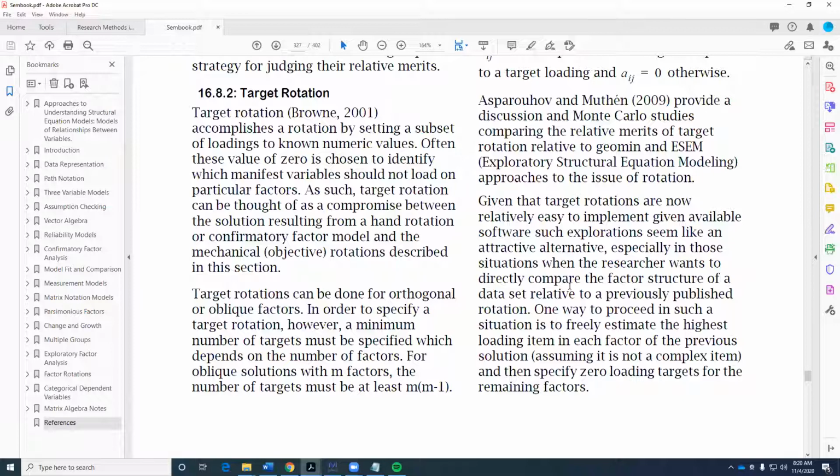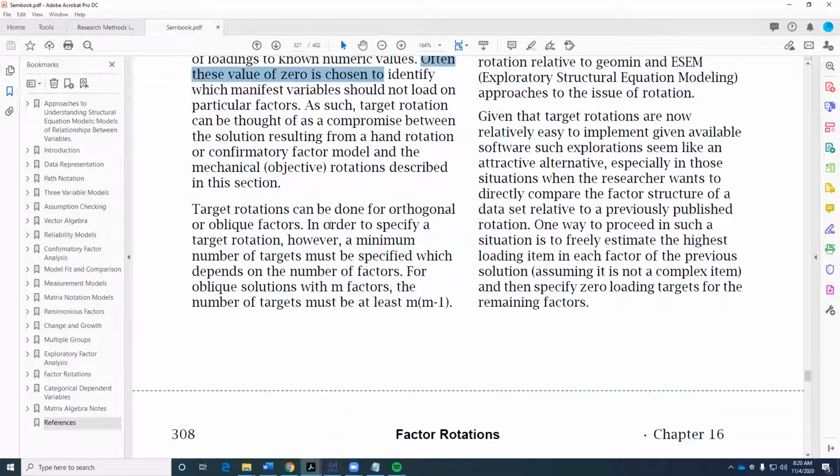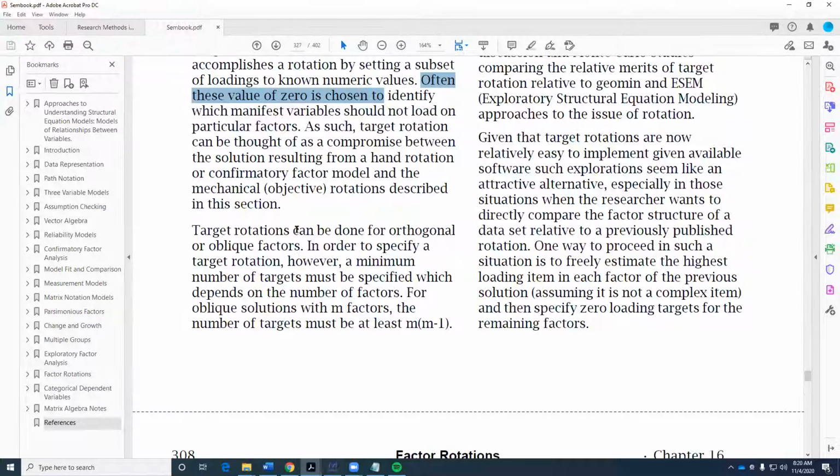Now, target rotation was proposed by Michael Browne, and he's another one of those scary smart people out there. What he said was, I'm going to specify in my analysis, try to make this loading as close to zero as possible.